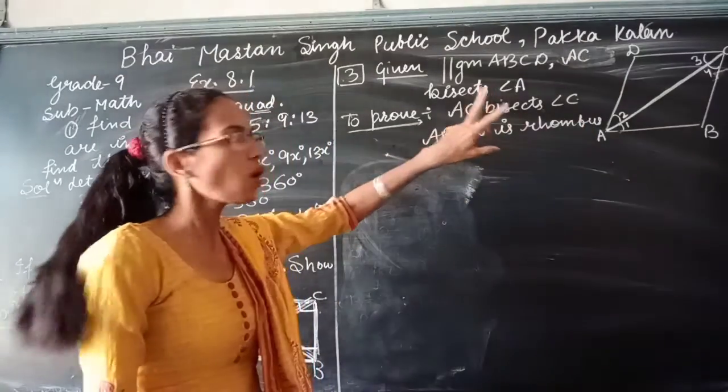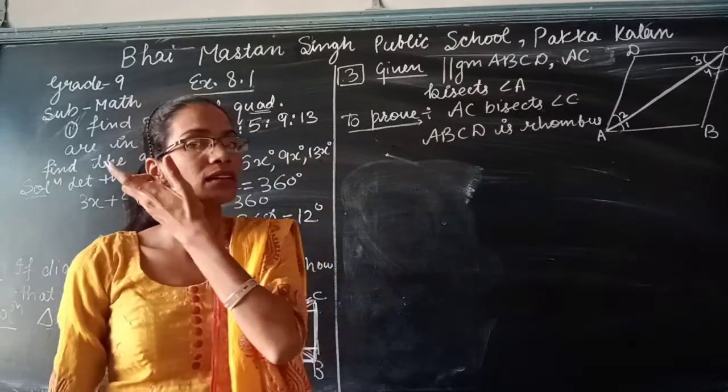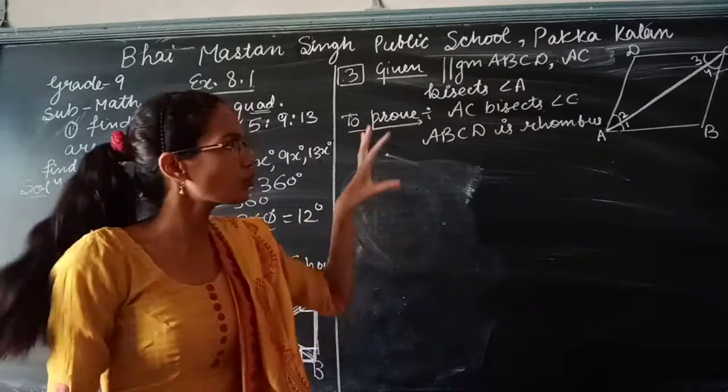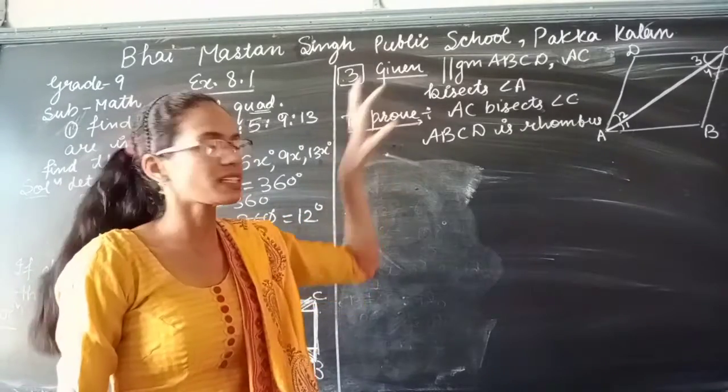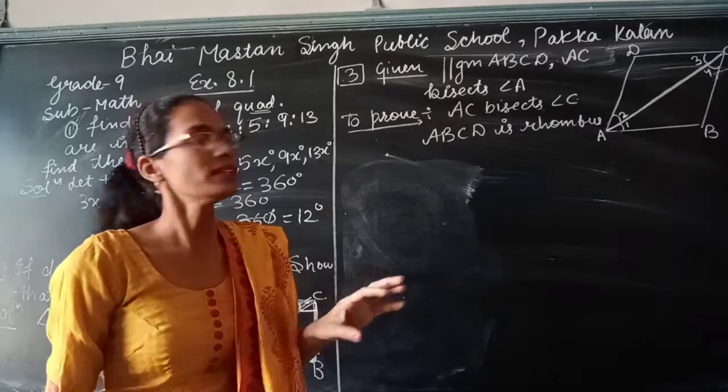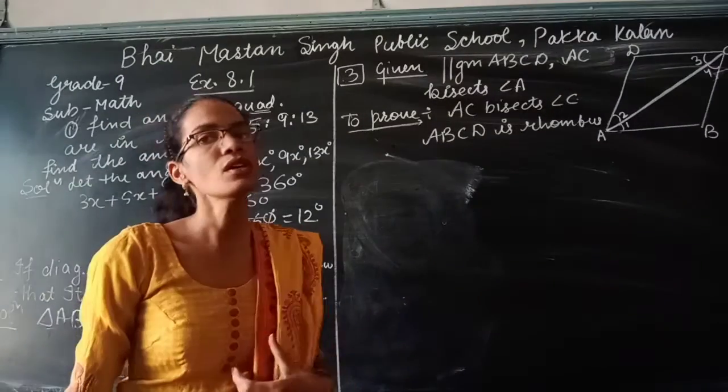Rhombus means all four sides are equal: if the four sides AB, BC, CD and DA are equal, then this is converted into a rhombus.